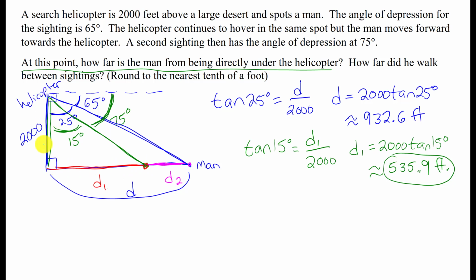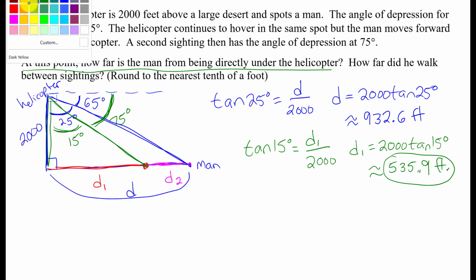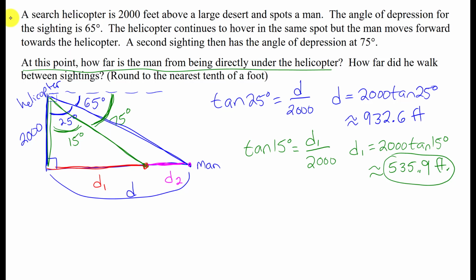Now, the second question was, how far did he walk? So that's this little pink right here. Well, I can see that D2, the pink, is the whole distance, which we found a minute ago up there in the blue, minus the D1, the rest of the distance to the helicopter, and that would give me the distance that he walked from the first sighting to the second sighting.